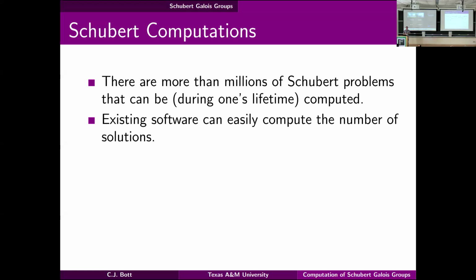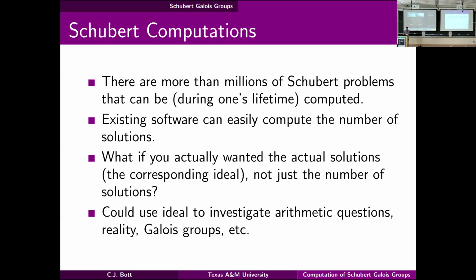And admittedly, there's software already that can compute the number of solutions. But what if you actually wanted more than just the number of solutions? What if you wanted to get your hands on the actual solutions because you want to investigate them further? For example, to investigate arithmetic questions, reality, or Galois groups, which will be the application I will be discussing. That's what our Macaulay2 package will provide.